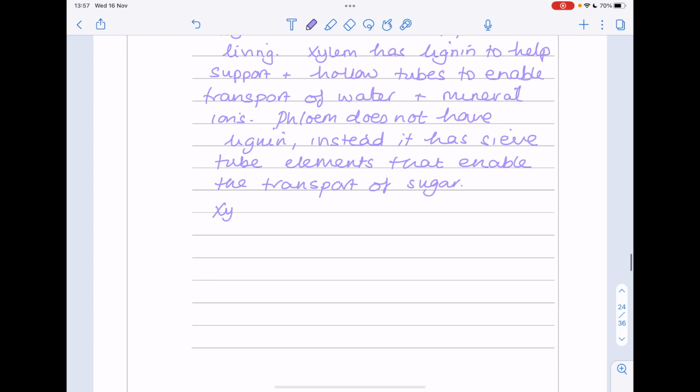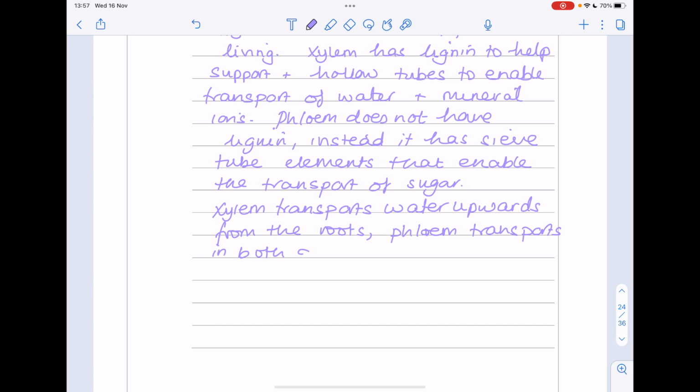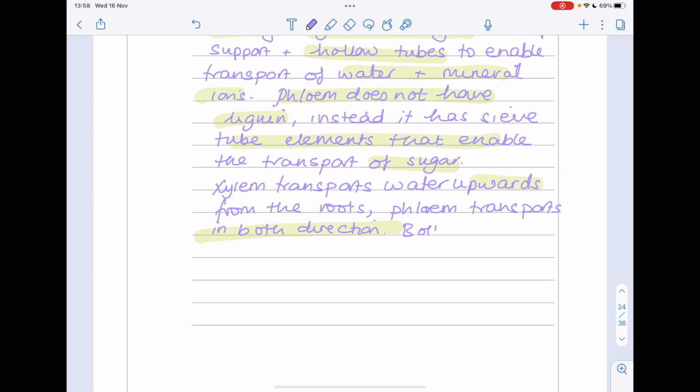Remember, xylem transports water just upwards from the roots. Phloem transport occurs in both directions. Both xylem and phloem consist of cells. That is such a bland point.